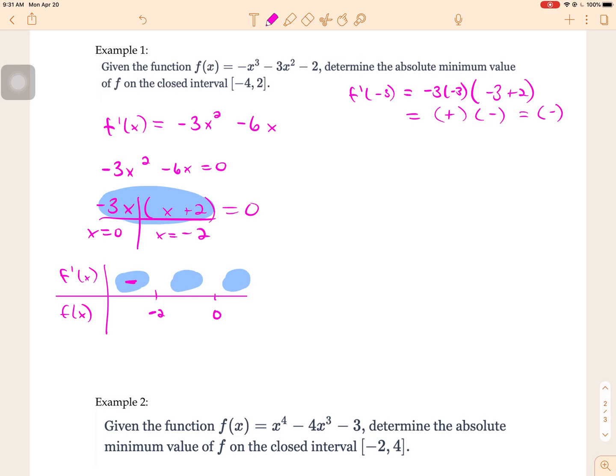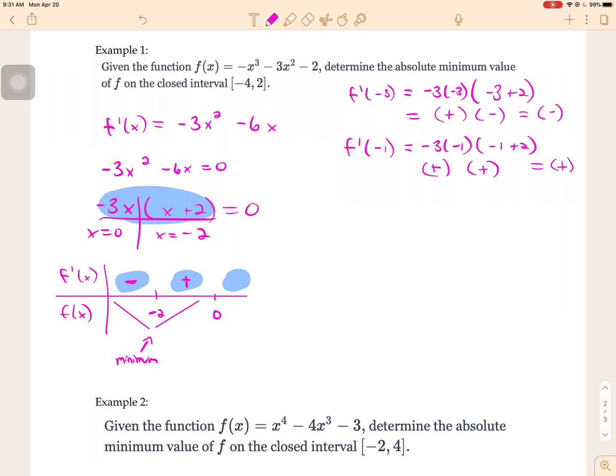Now let's check something between -2 and 0. Let's find f prime of -1. So you get -3 times -1, which is positive, and you get -1 plus 2, which is positive, which means positive times a positive, positive. So at first the graph slopes are going down, then they're going up. At -2, we have a minimum.